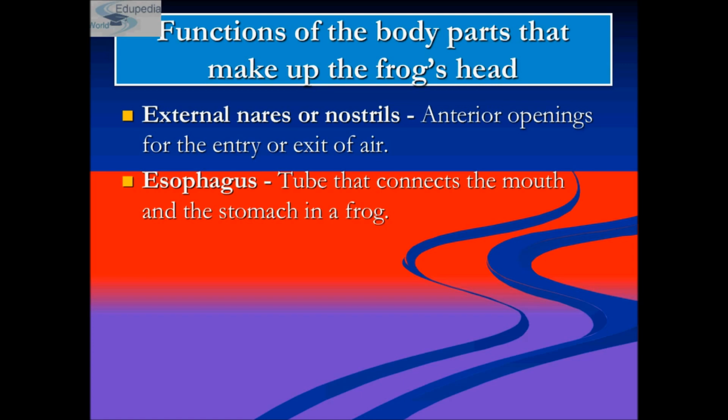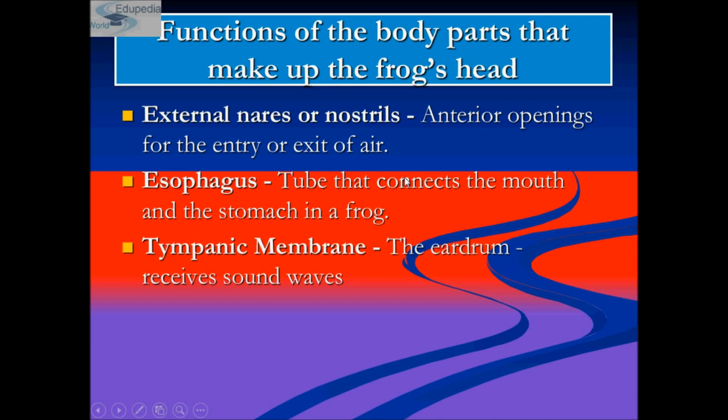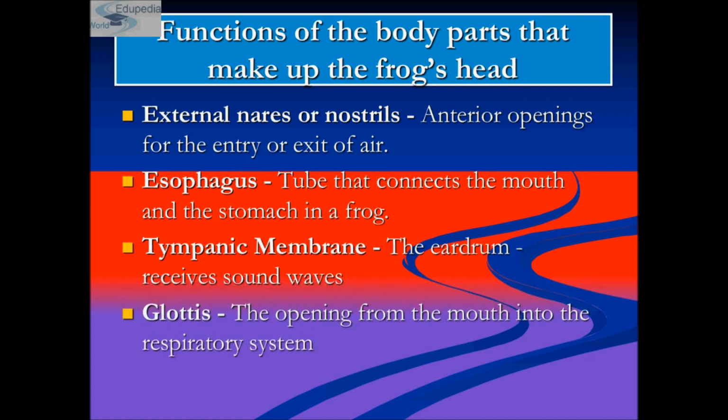Then comes the esophagus, a tube that connects the mouth and the stomach in a frog. Then comes the tympanic membrane, which is like an ear, so it receives sound waves. Then comes the glottis, which is the opening from the mouth into the respiratory system.